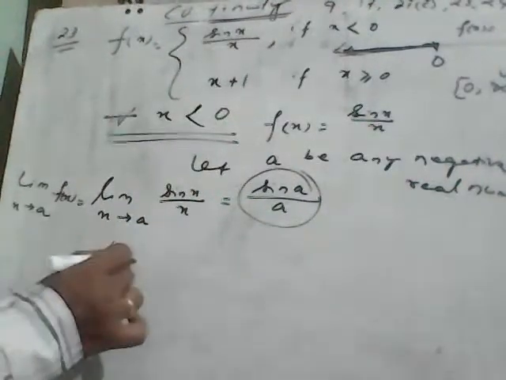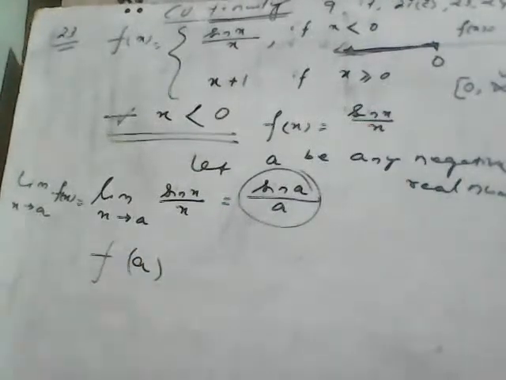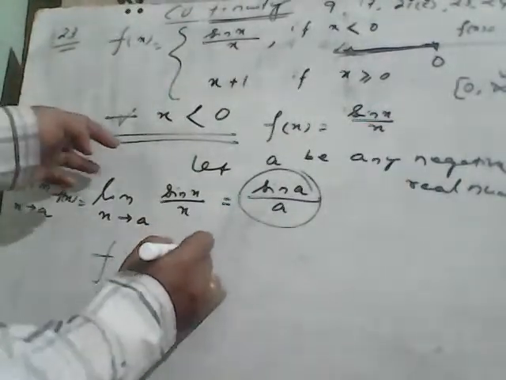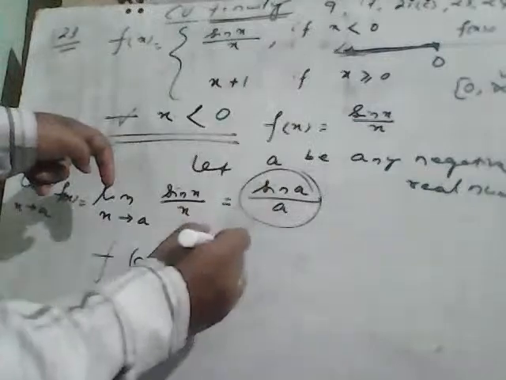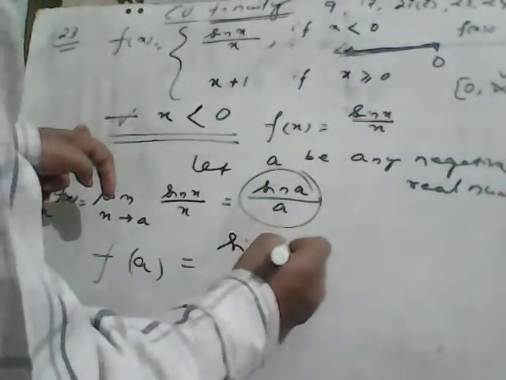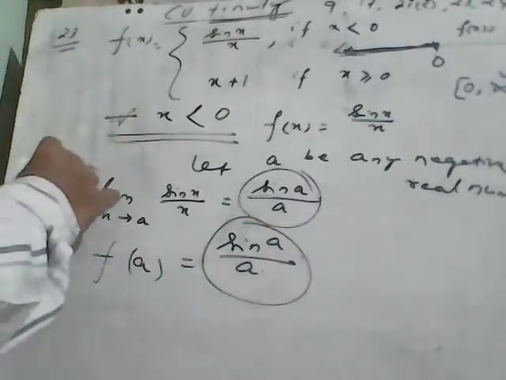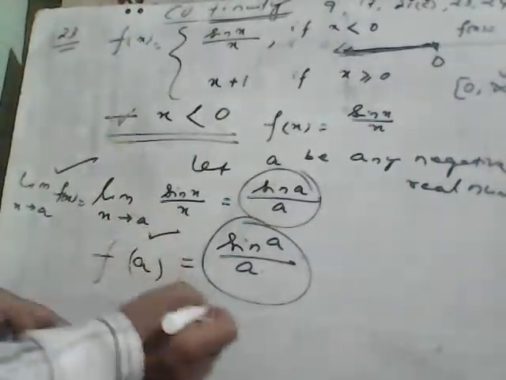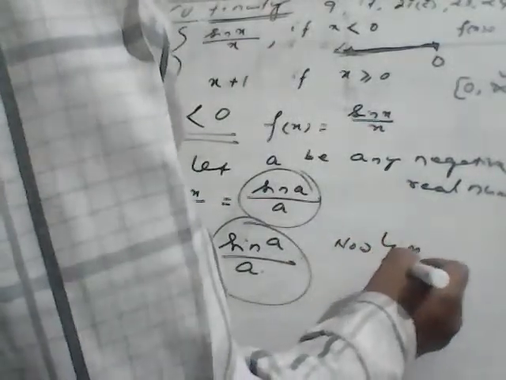Then what about f(a)? f(a) is the same. Put a here, you'll get sin a by a. Now the limiting value is equal to the value of the function. So limit x approaches a of f(x) equals f(a).